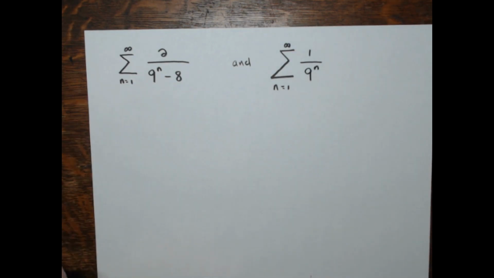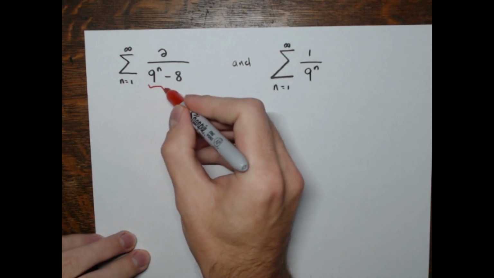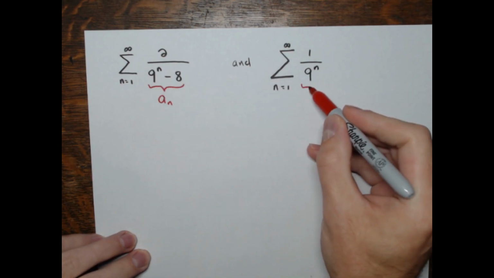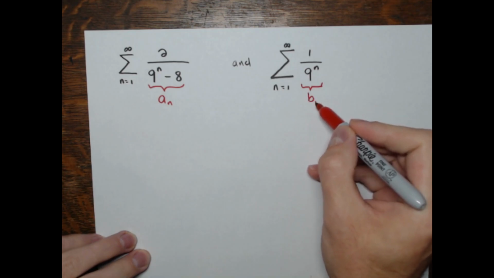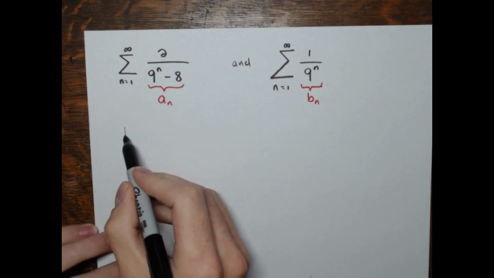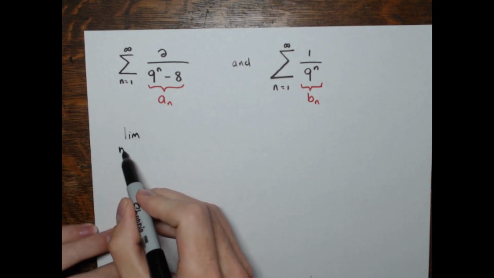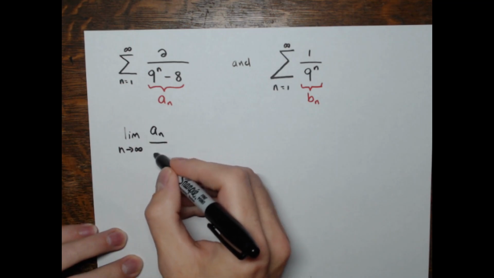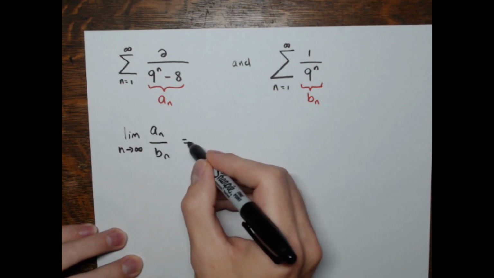We're calling the terms of the first series the a sub n's, and of the second series the b sub n's. And let's see what the limit as n approaches infinity of a sub n over b sub n is.